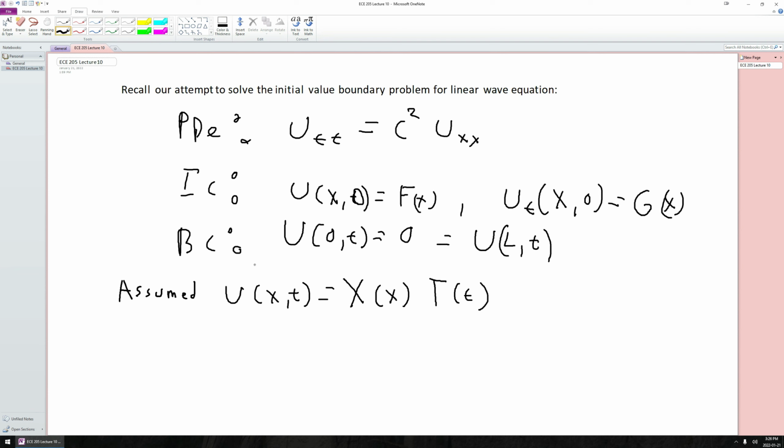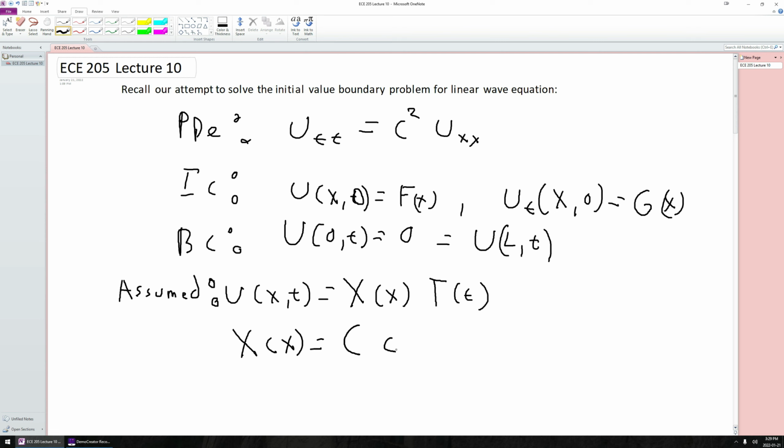Okay, and when we made this assumption, we ended up finding out something about our solutions. Namely, by taking this assumption, putting it in the differential equation, separating the equation into two equations and applying the boundary conditions, we found that X of x was simply equal to some constant times cosine of n pi x over L, where the constant is just some arbitrary constant.